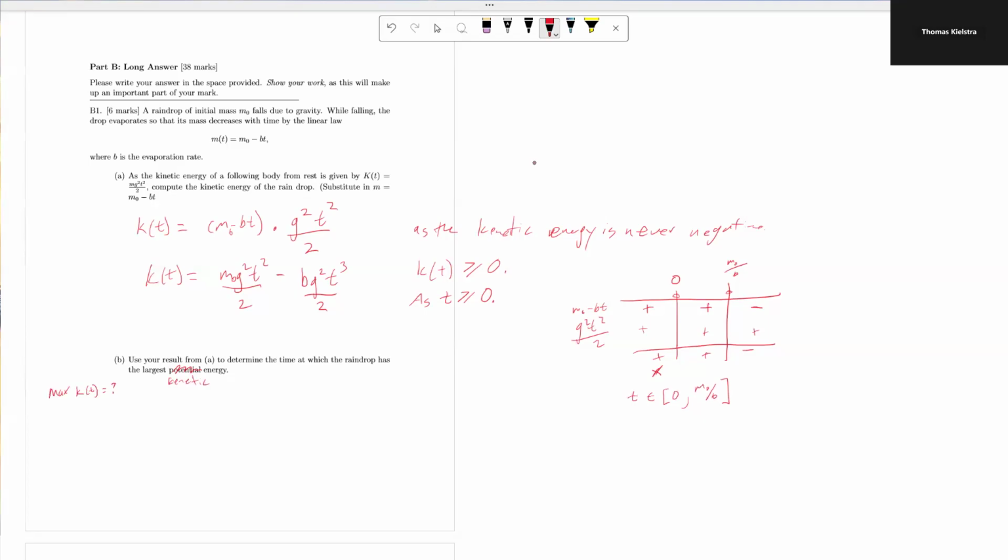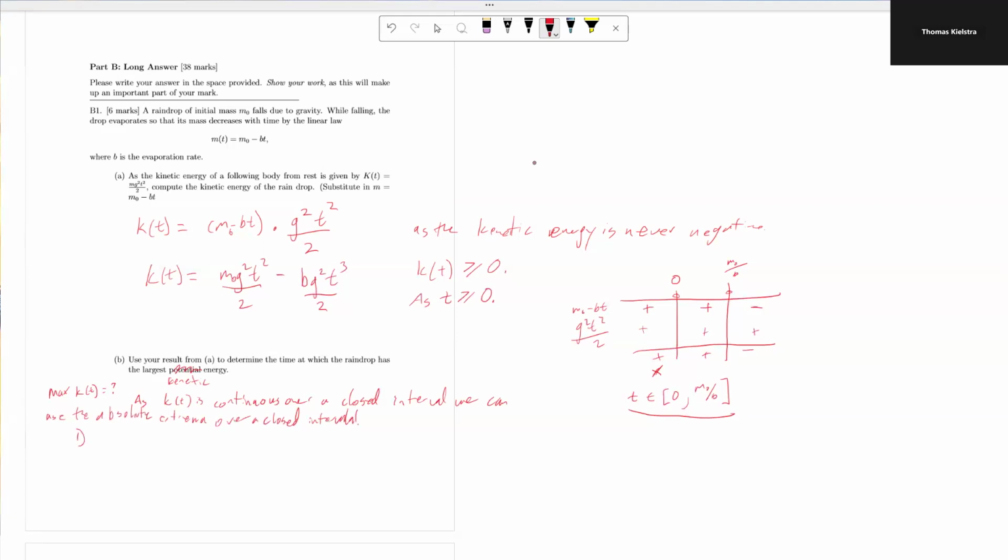To compute this, first we note that this is a closed interval and that our function's continuous. So as K of t is continuous over a closed interval, we can use the absolute extrema over a closed interval test.